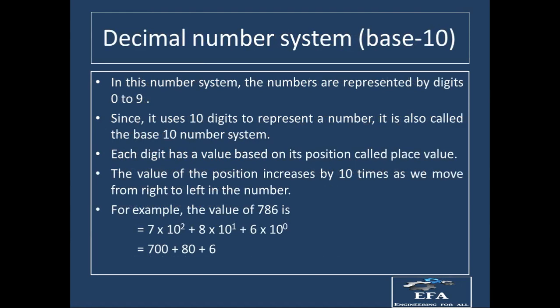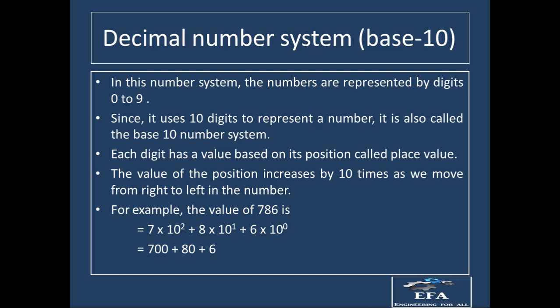Now starting with the first one, that is the decimal number system. As I have already discussed, the range of the decimal number system is from 0 to 9. So in total there are 10 digits in the decimal number system, and therefore base 10 is used as the radix.